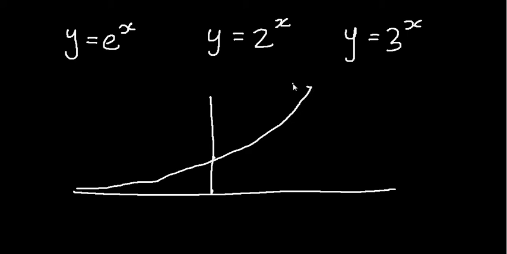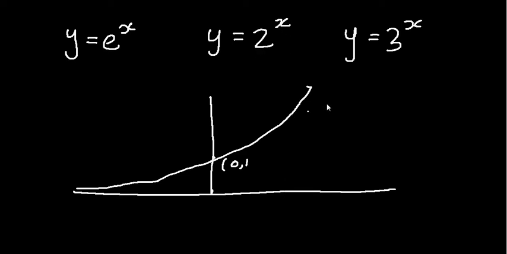When x is equal to 0, that's 2 to the power of 0, you have 1. So at x is equal to 0, y is equal to 1. When x is equal to minus 1, that's 2 to the power of minus 1, which is a half. And when x is equal to 2, it's 2 to the power of 2, which is 4.